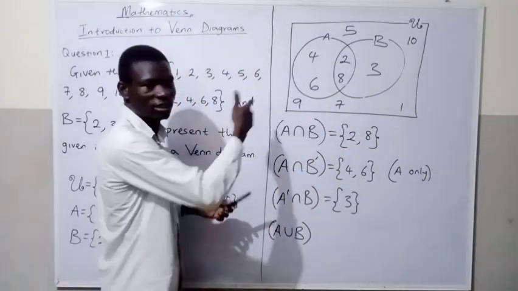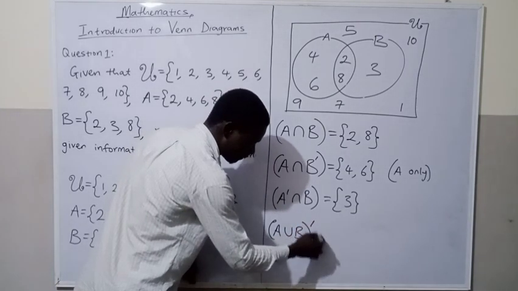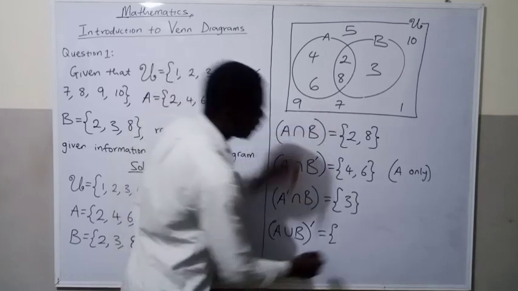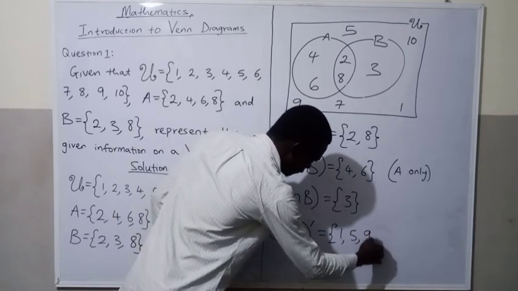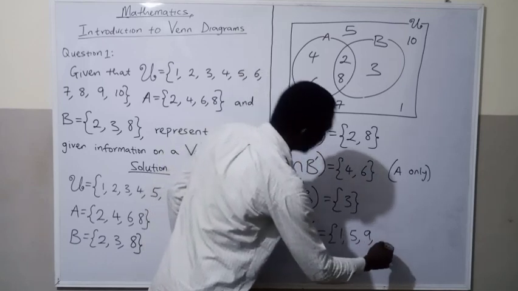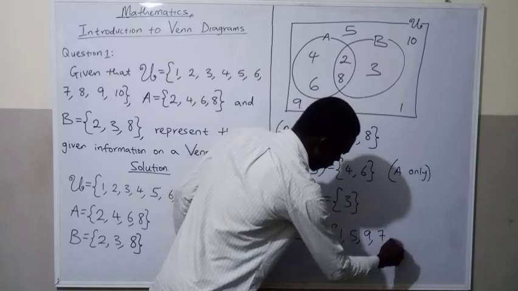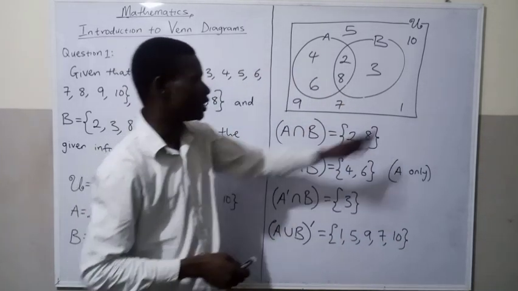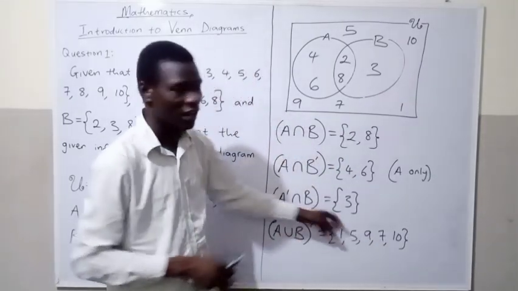That's A union B, everything prime. And that is equal to, so what are those elements? We have 1, we have 5, we have 9, and then we have 7, which I skipped, and then we have 10. So these are the elements that are in the universal set, but they are not in the union of A and B.